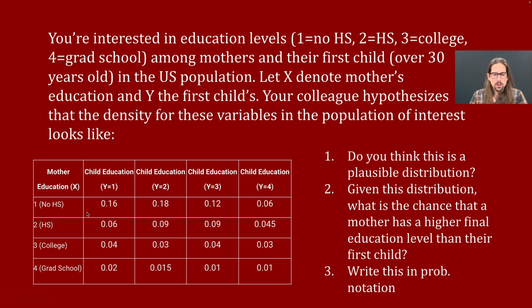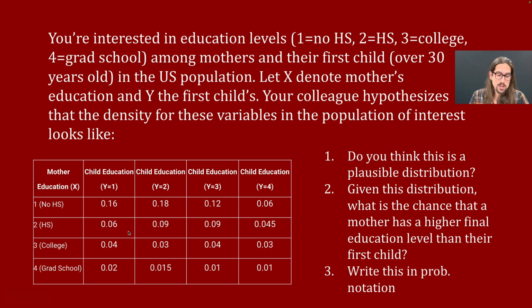For no high school, most of the kids are either no high school or just high school, and then there's a big drop off, right? So the ratio between grad school and high school is like 3-1 among the no high school mothers. But if you have a mother who's gone to college, you're about equally likely to not graduate high school as you are to go to grad school.